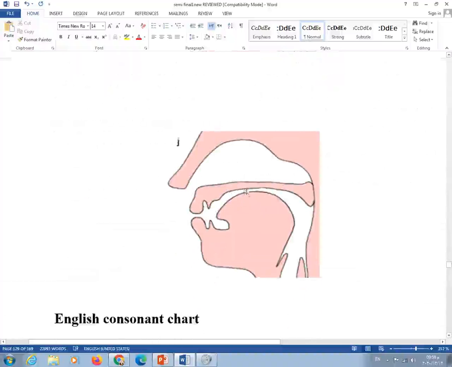Let's look at the roof of the mouth: the upper teeth, the alveolar ridge area, the hard palate, and the soft palate. Here the tongue is close to the hard palate, and this is why we call it a palatal approximant.